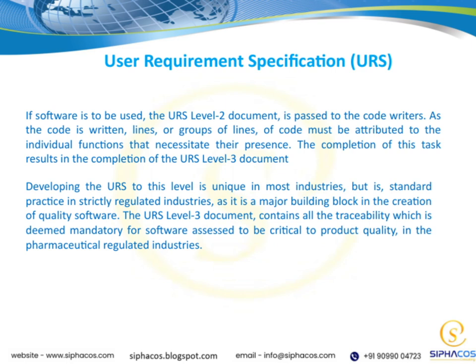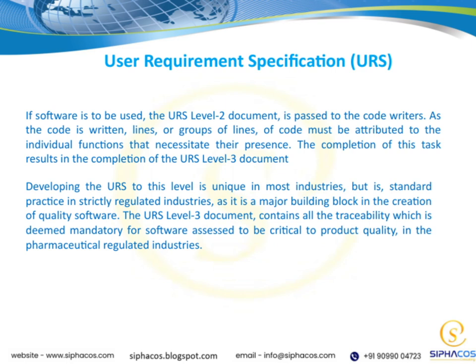Now, when we move to software development, the process is quite interconnected. Once we have the URS Level 2 document ready, it's passed along to the code writers. As they start coding, each line or groups of lines must be clearly attributed to the specific functions they serve. This attribution process is crucial because it links the actual code back to the original requirements.